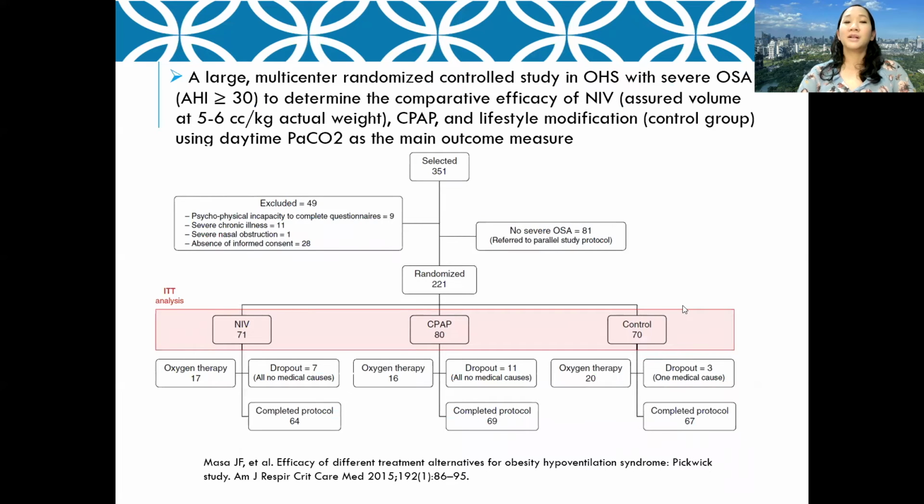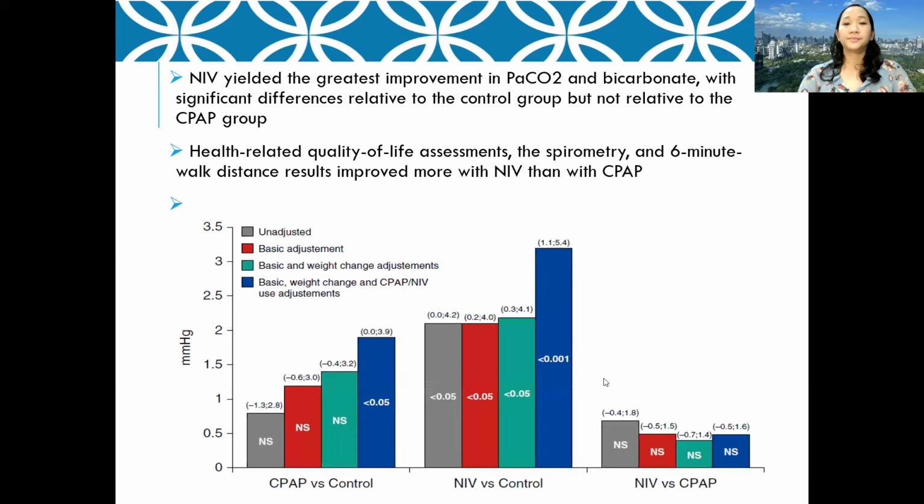Another large multi-center randomized controlled trial in OHS with also severe OSA, AHI more than 30, and they compared 3 arms in this study: the BiPAP or the NIV, the CPAP, and the control group. And in this study, the BiPAP or the NIV yielded the greatest improvement in CO2 and bicarbonate level.